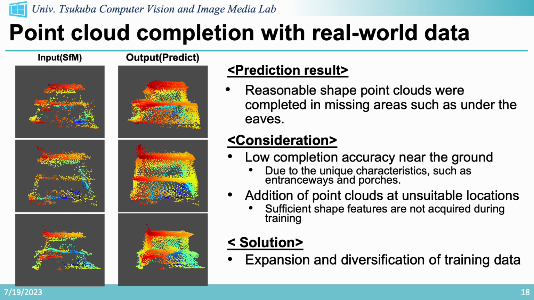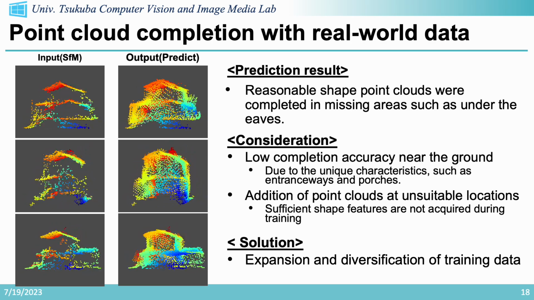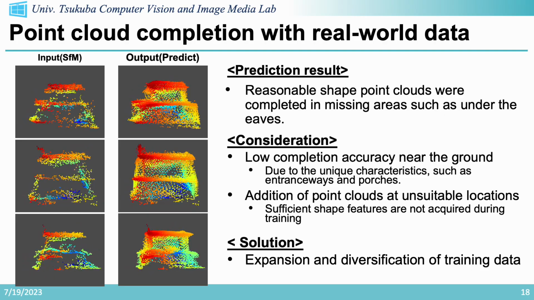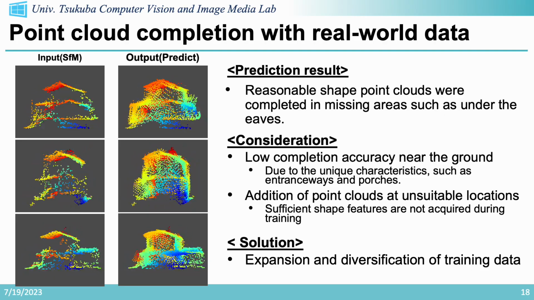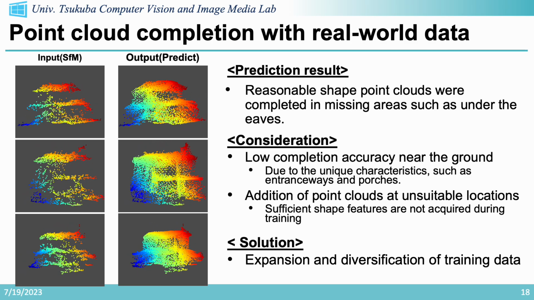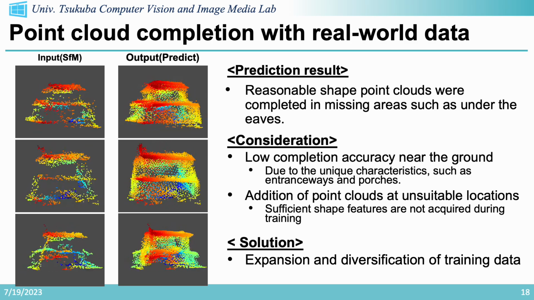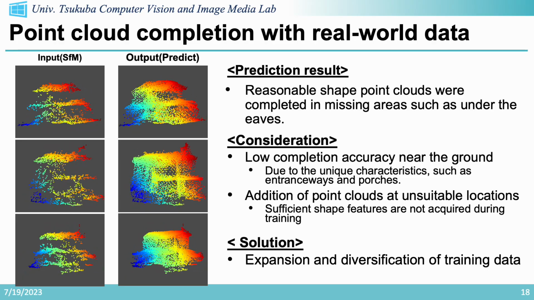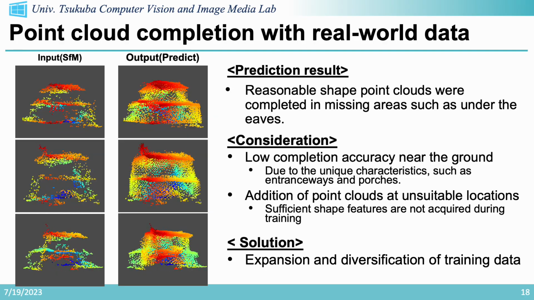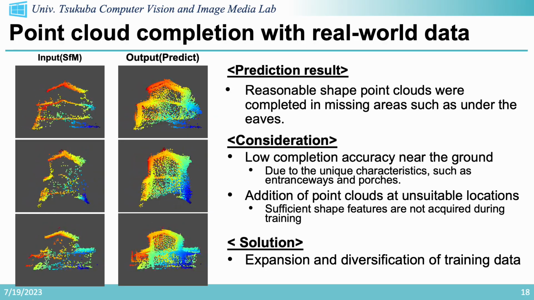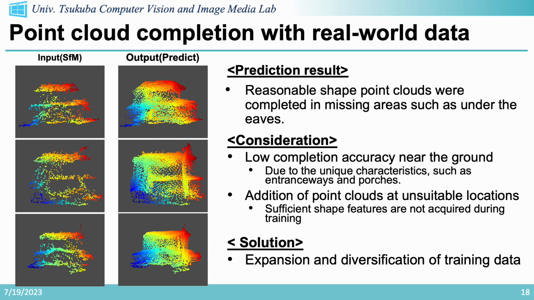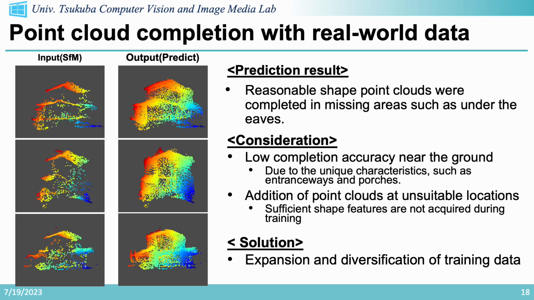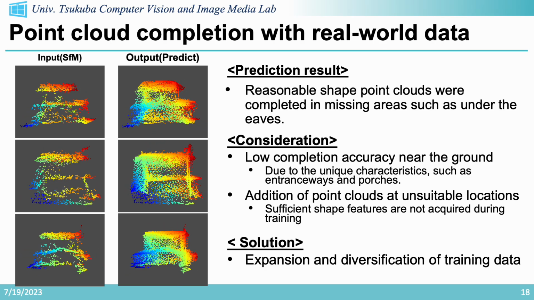In order to solve this problem, it is considered necessary to expand and diversify the training data. Since the training data used in this study was small compared to large datasets like ShapeNet, we consider that further data expansion will enable prediction of reasonable shapes.